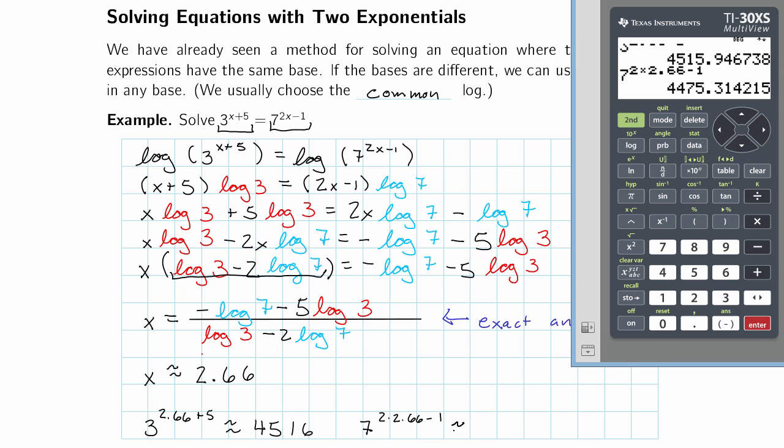That's about 44/75. So you might be wondering, are those equal? And the answer is yeah, I rounded my x. Those are about as close to equal as we can expect with this much rounding.